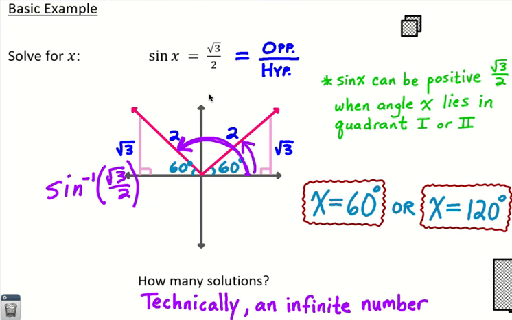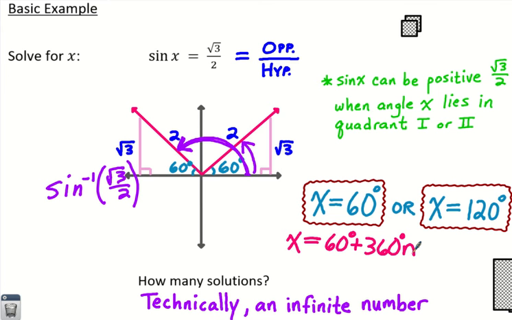Because without that stipulation, what you actually have to say technically is that my x would be equal to 60 degrees plus 360 degrees times n, where n could be any integer.